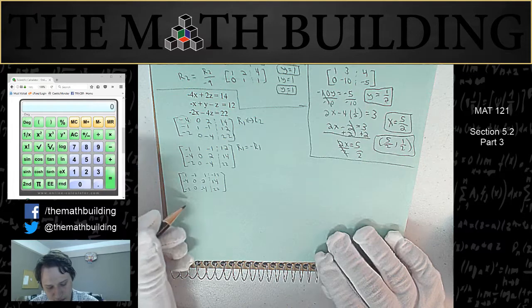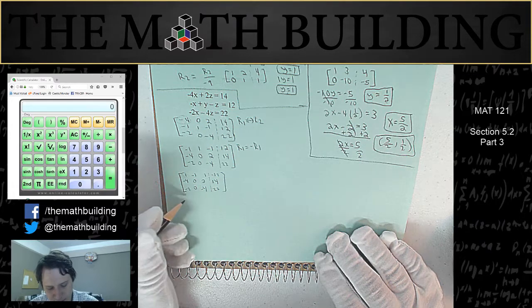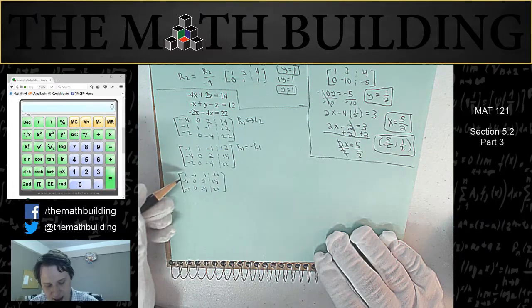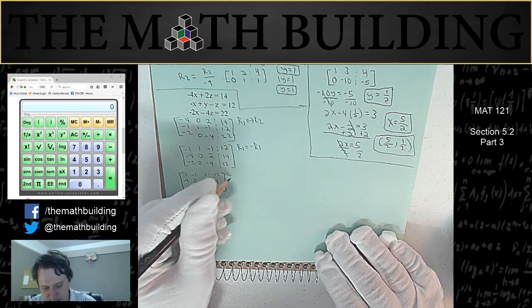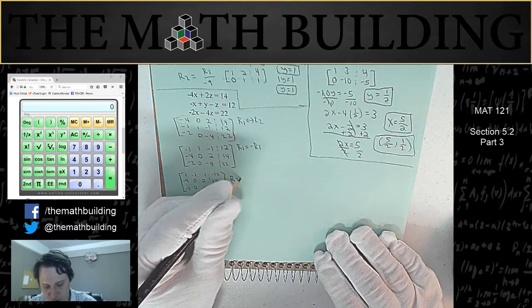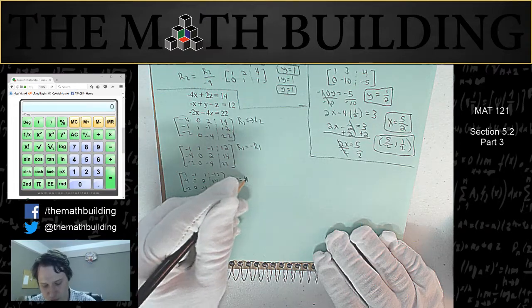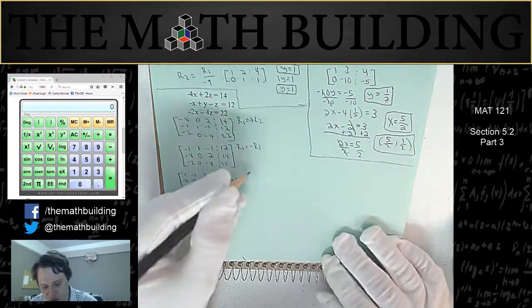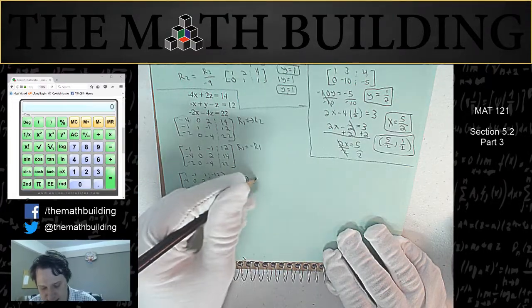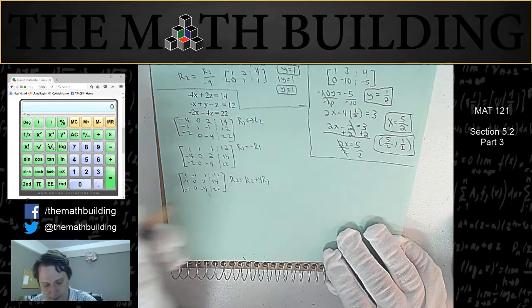First let's tackle row 2. I can multiply this by 4 and add it down, and that would make it a 0 in row 2. So we're going to replace row 2 with row 2 added to 4 times row 1.